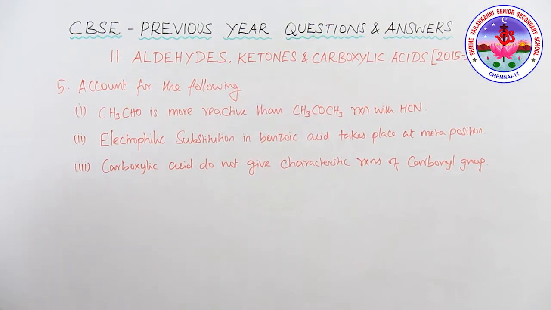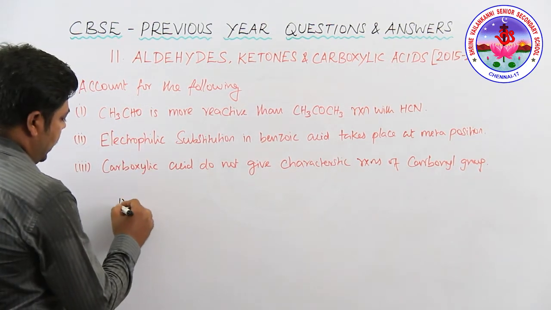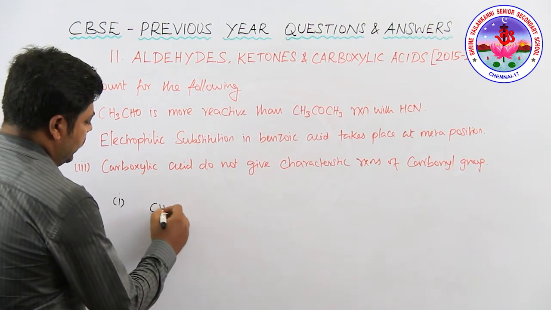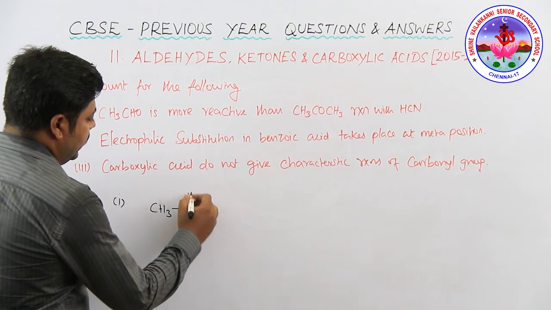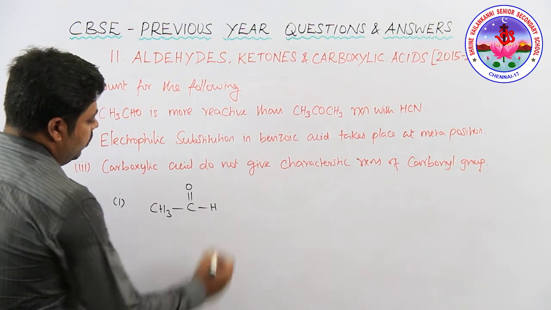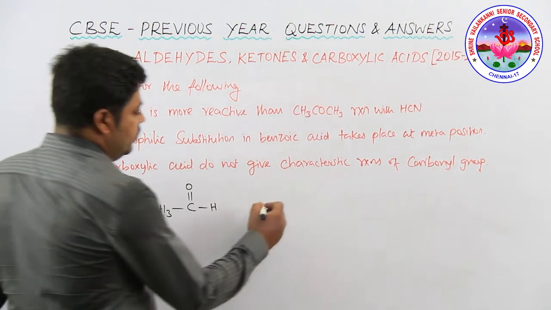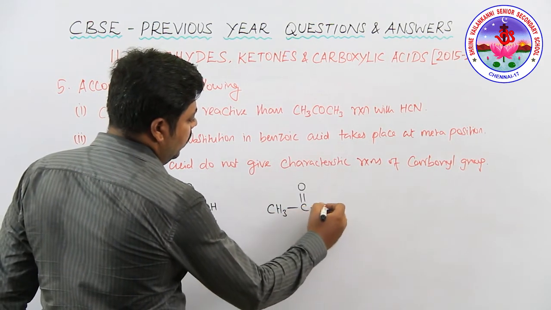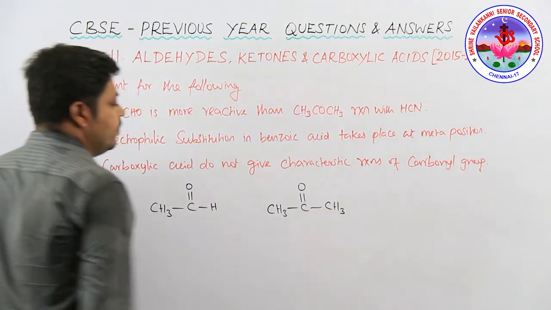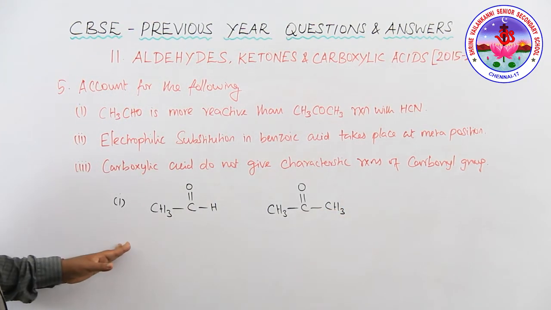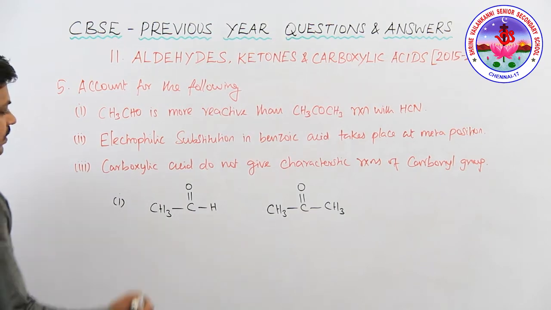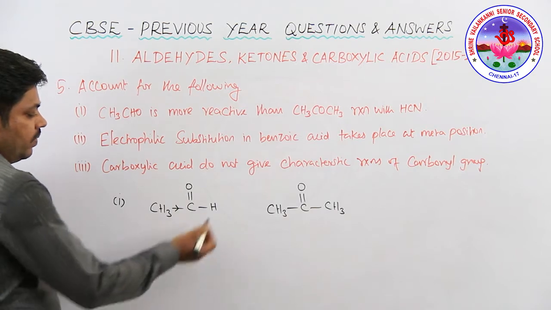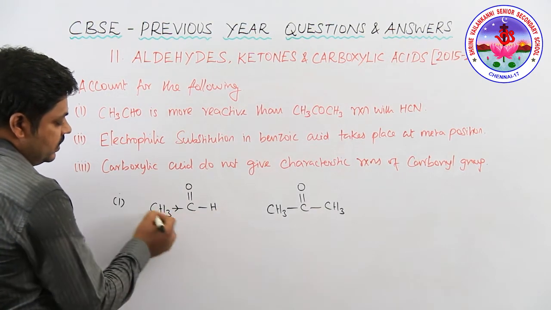First question answer, here look at the first question answer, aldehyde. Simply, aldehydes are more reactive than ketones. Look at here, the aldehyde, CH3CHO, and the ketone, that is acetone, CH3COCH3. Here due to the steric reason, because in this methyl group electron releasing towards this carbon atom, but here this is not a bulky group, this is a bulky group.